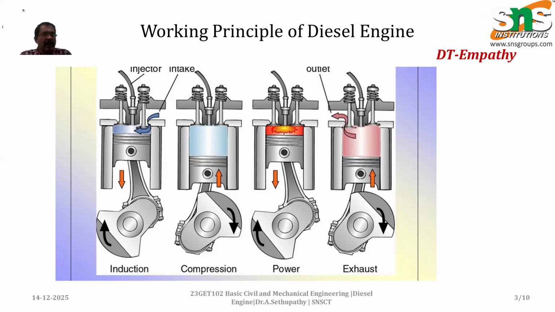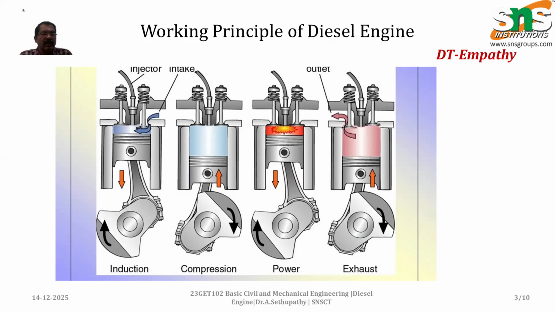One is the intake stroke, where atmospheric air comes inside. Another is the compression stroke, where the air inside is compressed. Another is the power stroke, where the fuel burns in the high temperature air inside the chamber.